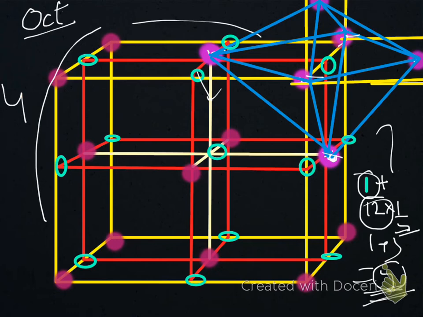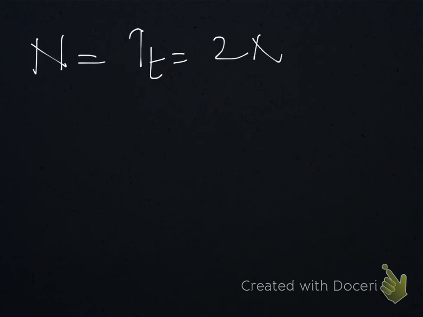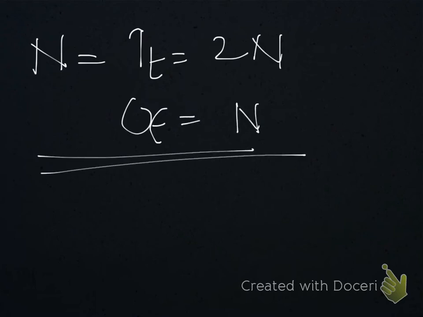So you have 4 particles, then the octahedral voids are also 4. If you have 4 particles, the tetrahedral voids were 8. So generally you can see that for n particles, tetrahedral voids equal 2n and octahedral voids equal n. Based on this fundamental relation, you have to solve many problems.